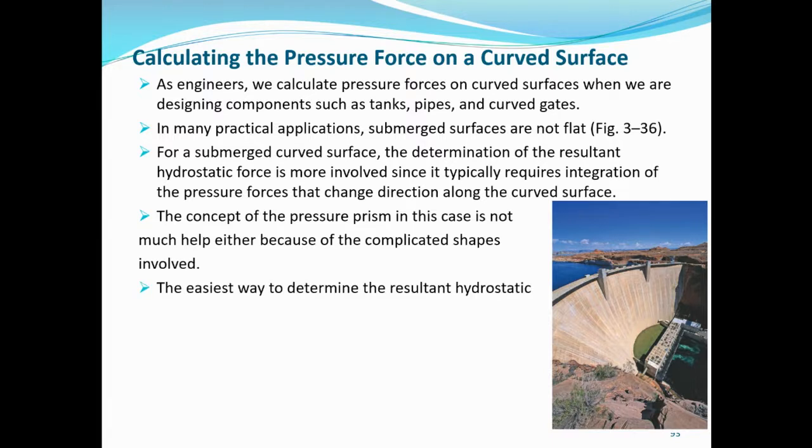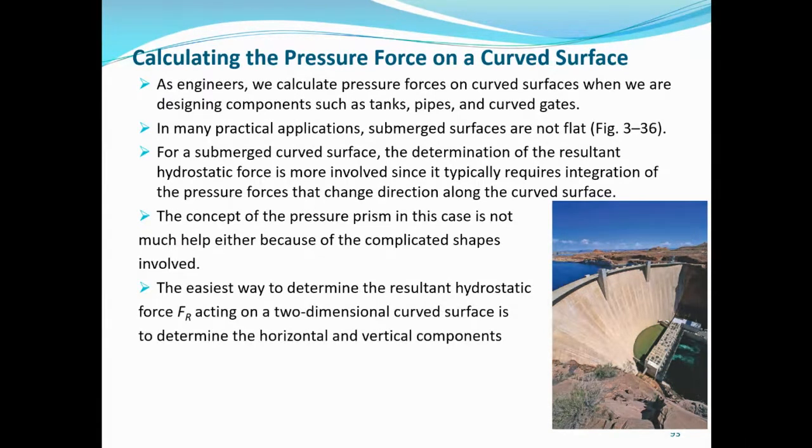The easiest way to determine the resultant hydrostatic force acting on a two-dimensional curved surface is to determine the horizontal and vertical components separately. Rather than integrating around the surface because it is curved, if you remember, even when finding the centroid of a curved surface we need to integrate, and that will not be very easy in this case.